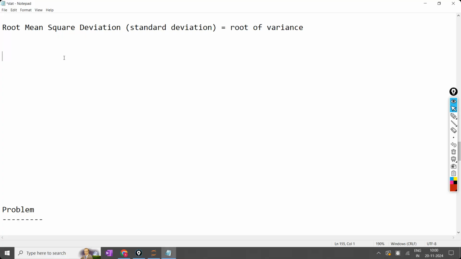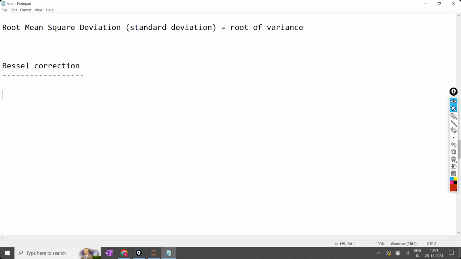Now, first question is Bessel correction. What is meant by Bessel correction? Bessel correction means, in the sample variance and sample standard deviation, instead of considering small n, we have to consider n minus 1.